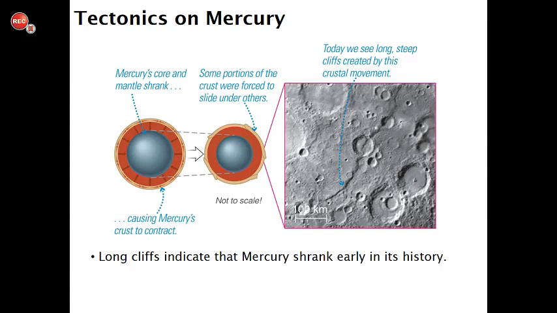And so you're left with the crust buckling under compression and tension. And it causes some parts of it to go underneath others and leaves these large cliffs. All right, so this is an example of the tectonics that have happened.